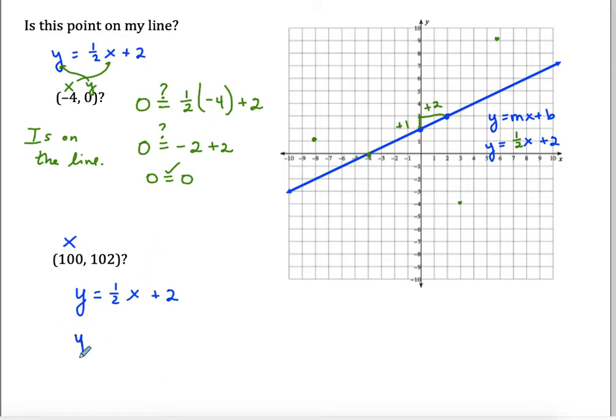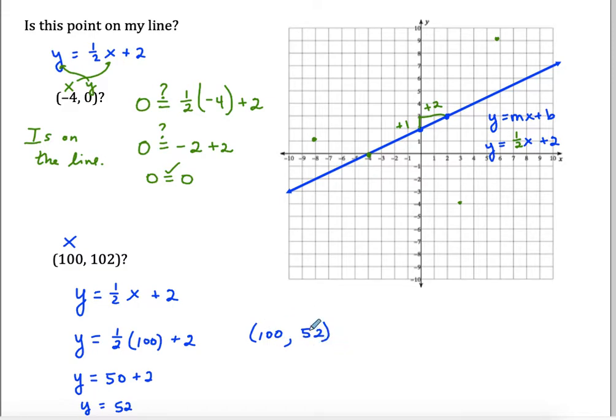What is y when I take 1/2 of 100 and add 2? Well, 1/2 of 100 is 50, and 50 plus 2 is 52. So when the input value is 100, the output value should be 52.